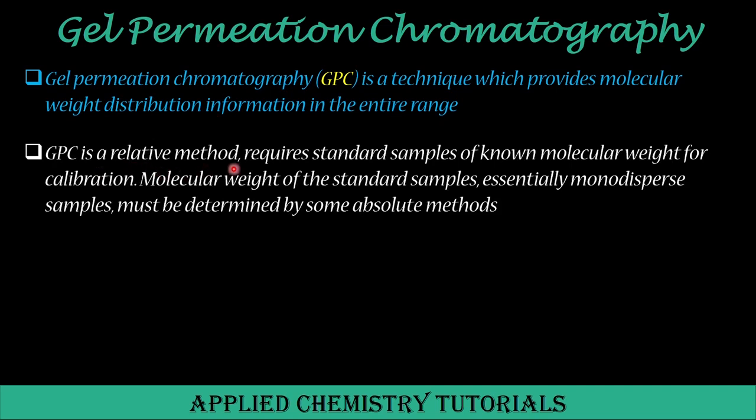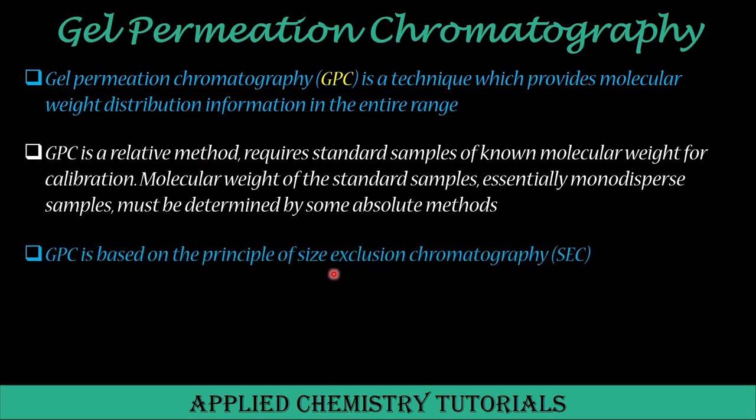But GPC is a relative method. It requires standard samples of known molecular weight for calibration. The molecular weight of the standard samples, which are essentially monodispersed samples, must be determined by some absolute methods. So, GPC in turn also utilizes the data from the absolute methods as we described in the previous slide.